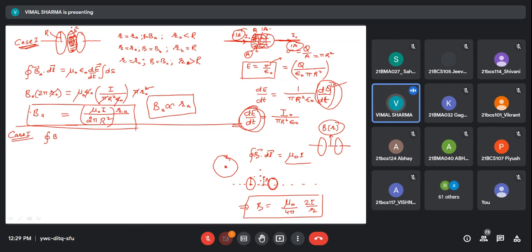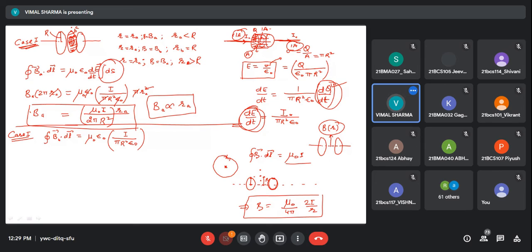So I can write B subscript B dot dl, where dl is part of this circular loop, is equal to mu naught epsilon naught, and I'll write the expression for this displacement current, which is I divided by pi R squared epsilon naught.